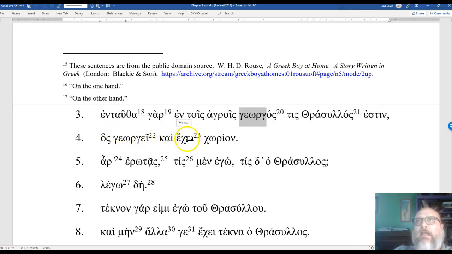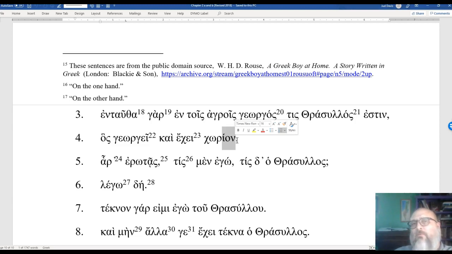And he eke, so echo is I have. And so if echo is I have, eke is he, she, or it has. Who has a chorion. Now suppose you don't know what a chorion is.